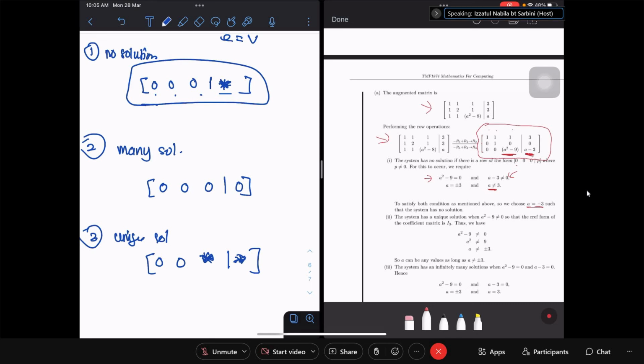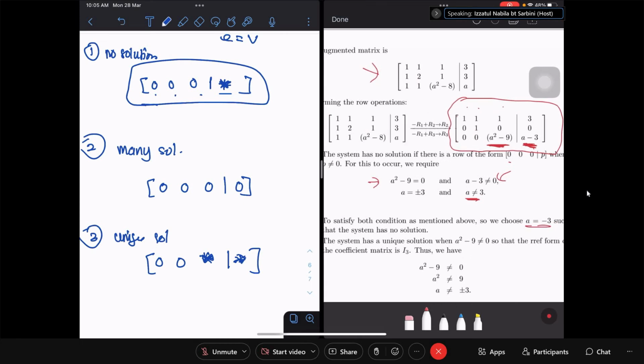So that's why a square minus 9 equals 0. So you have two choices, whether a is equal to plus 3 or negative 3. But on this side, we have a minus 3 does not equal to 0, because we want to make it become no solution.